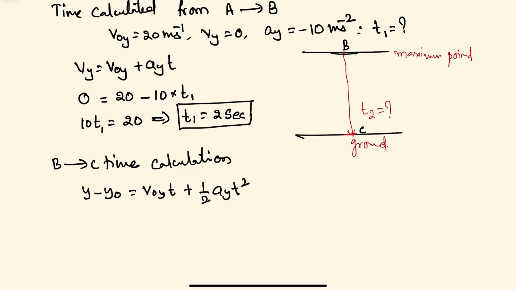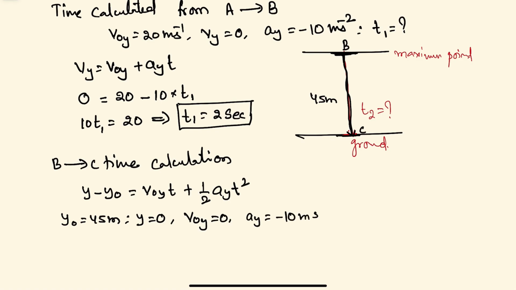Now from the ground, what is the height actually? Totally 45 meters. So the starting point is equal to 45 meters. What is the final height from the ground when it reaches it? Of course, the final height is 0 when it strikes the ground. What is the initial velocity? V naught y is equal to 0. What is ay? Minus 10 meters per second squared. What is the time? Let us say time T2.